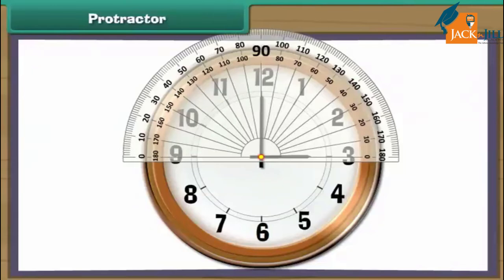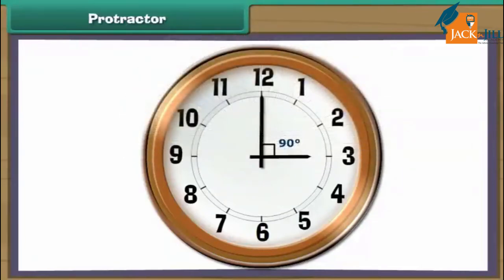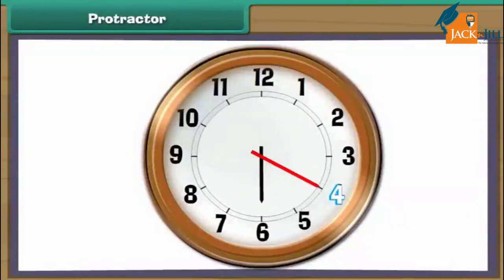Read the inner marking of the protractor on which the long hand rests. It is 90 degrees. Therefore, 3 o'clock makes a right angle. This clock shows 20 past 6. The long hand of the clock is on 4, and the short hand is on 6.